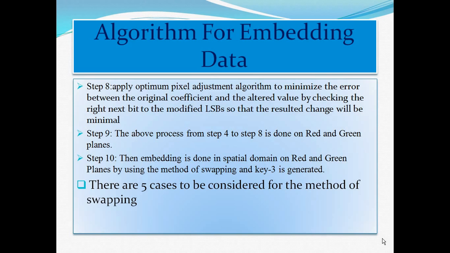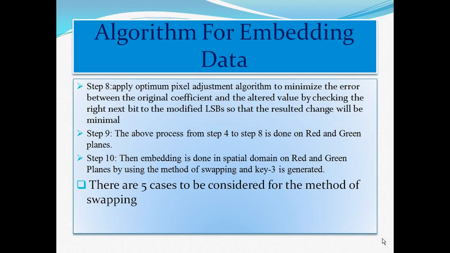Now, when we implement spatial domain embedding on the red and green planes, we have to consider five cases. On comparing the left and right pixels, if the left pixel is greater than the right pixel and the message is 1, then there is no swapping.